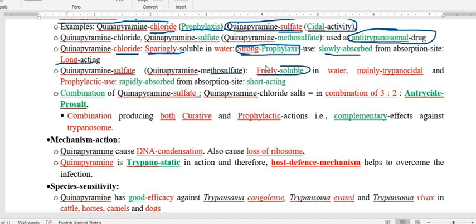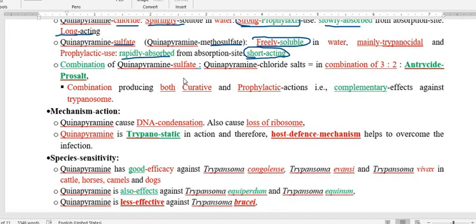Whereas the sulfate salt, also called methosulfate, is freely soluble in water, therefore this drug is rapidly absorbed and short acting, because its therapeutic concentration is rapidly reduced in the blood, but it is mainly used for treatment purposes.